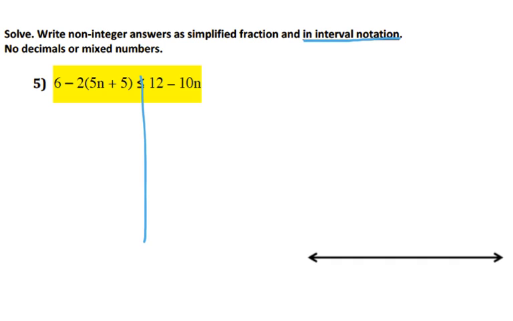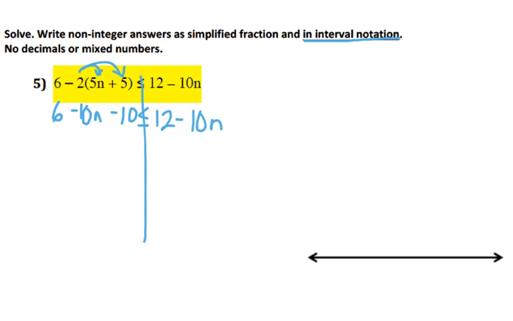So on the left, I notice we can do distributive properties. So we're going to distribute this negative 2, or minus 2. So negative 2 times 5n's is negative 10n's. We can go ahead and bring down that 6 out in front. Then negative 2 times 5 is negative 10. Didn't change our inequality sign. On the right, we still have 12 minus 10n's.